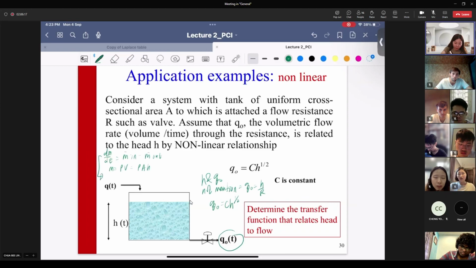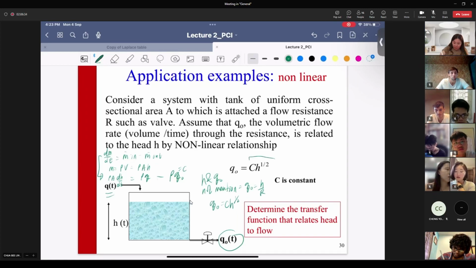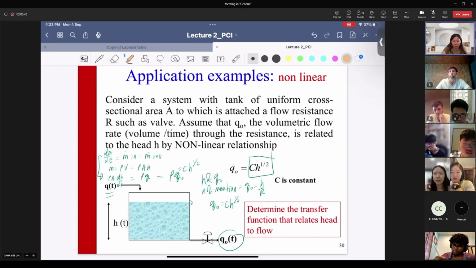So this will be rho A dh over dt equivalent to the mass rate: inlet is rho q, exit is rho q naught, and you sub this as C h power 1 over 2. Then you check your variable h. H is your output.